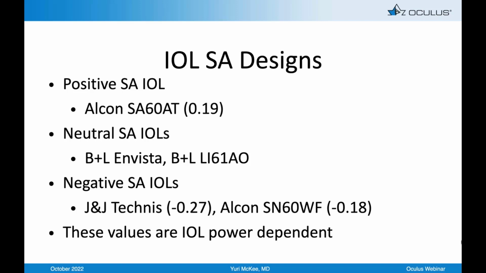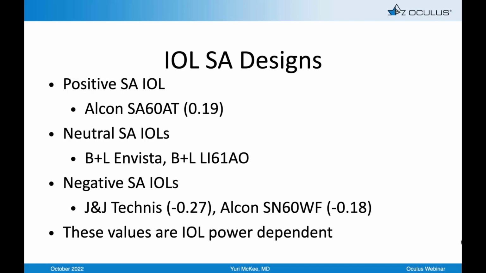The negative SA lenses, like the Alcon and the J&J, these are very popular lens brands out there. They have a little bit of negative spherical aberration to counteract the normal positive spherical aberration of the cornea. And these are not going to fix a micron of spherical aberration. They're not going to make much difference, but they are going to induce other types of aberrations into the system, which are harder to tease everything out.